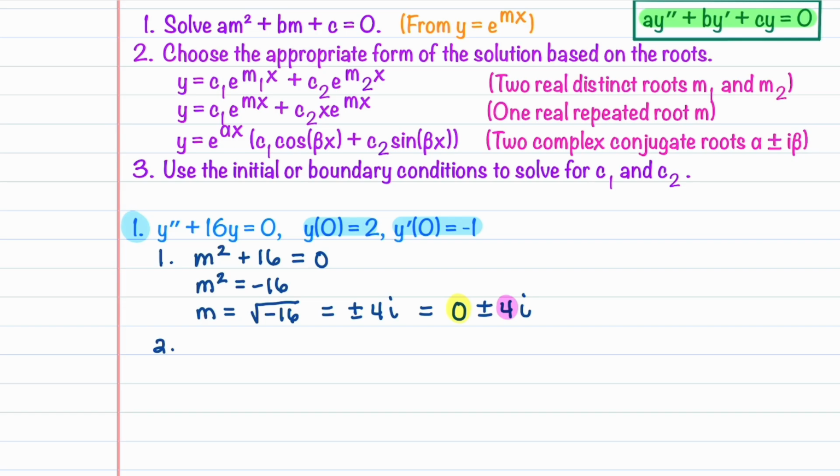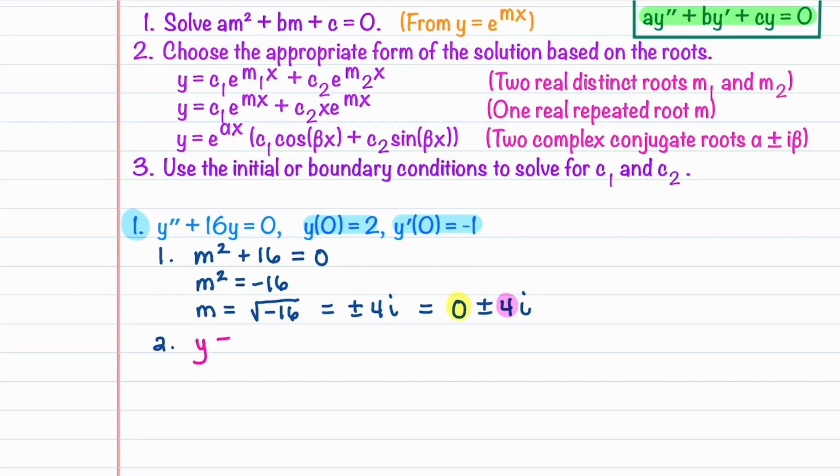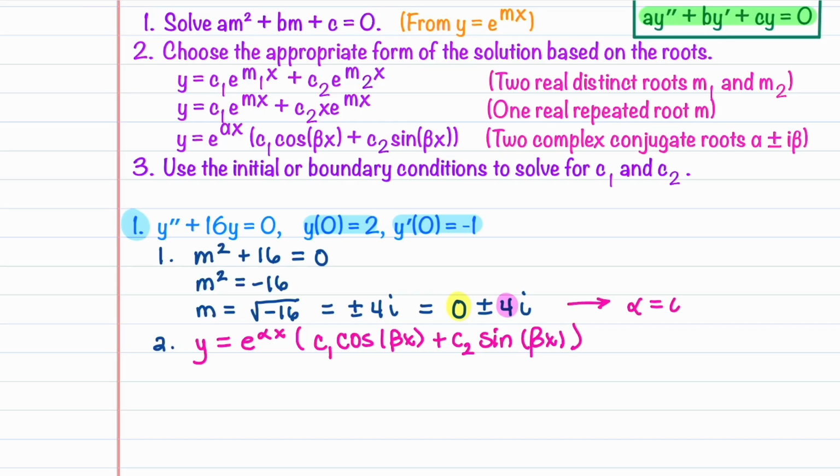Because we have complex roots, our solution is going to look like y is equal to e to the alpha x times c1 cosine beta x plus c2 sine beta x. Our alpha is equal to 0 and our beta is equal to 4.